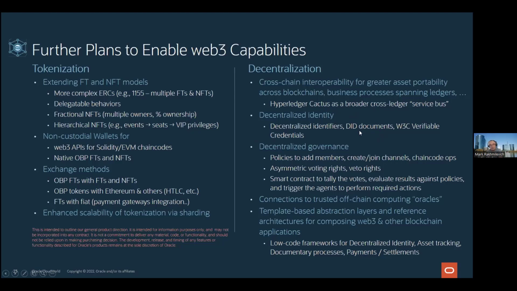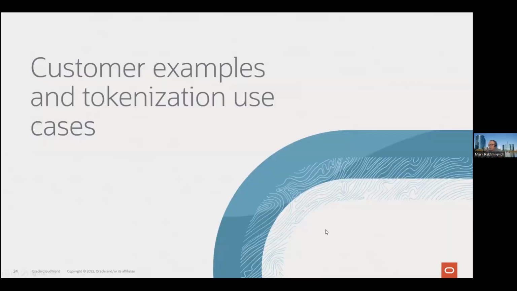Decentralized identity support. We're working with some universities on bringing decentralized identity capabilities to Oracle Blockchain. Decentralized governance, connections to off-chain computing oracles, and then ultimately template-based abstraction layers, which is going to be very important to continue the low-code theme to make it easier to incorporate all of these things in viable business applications.